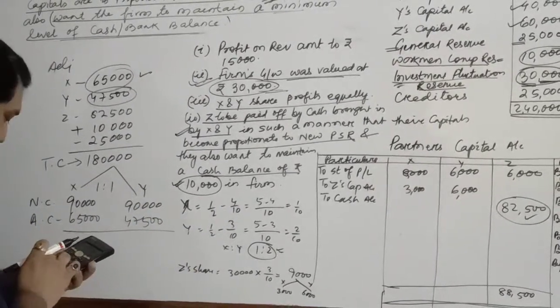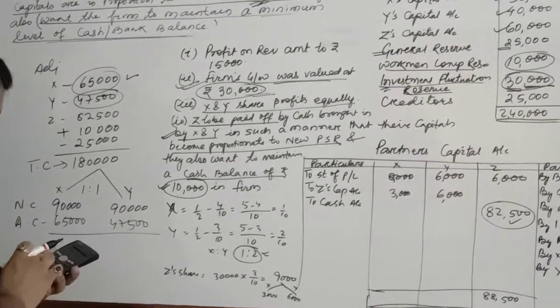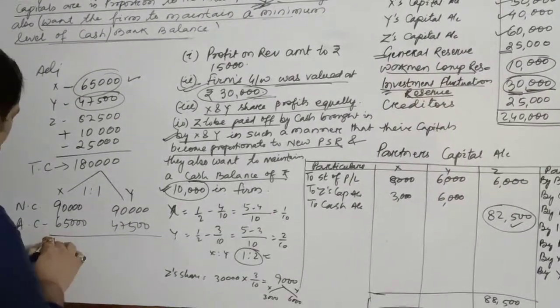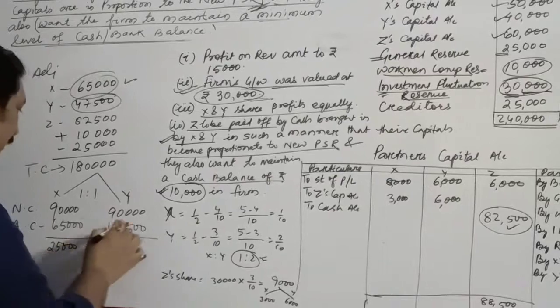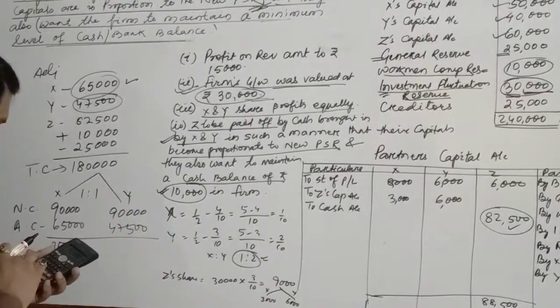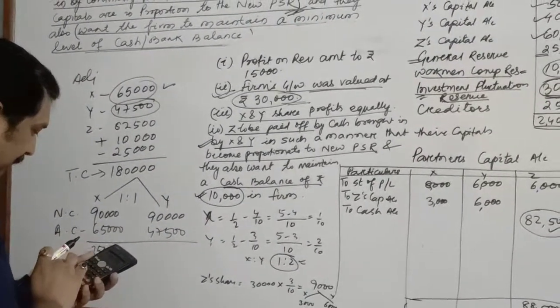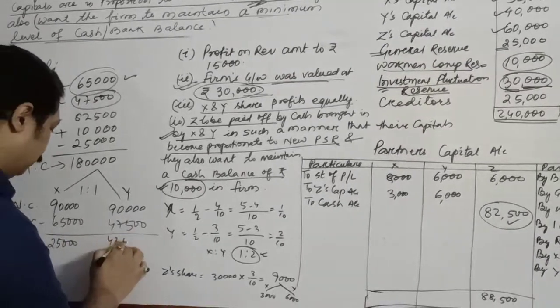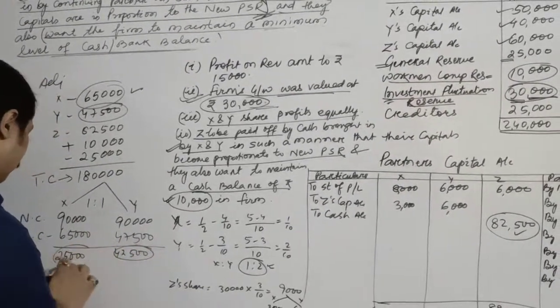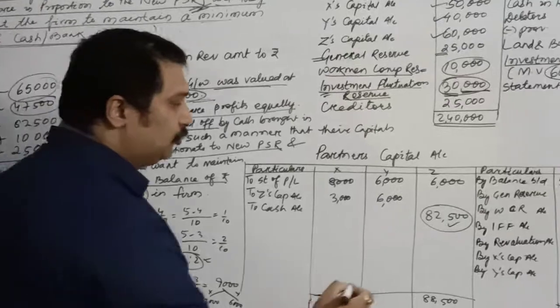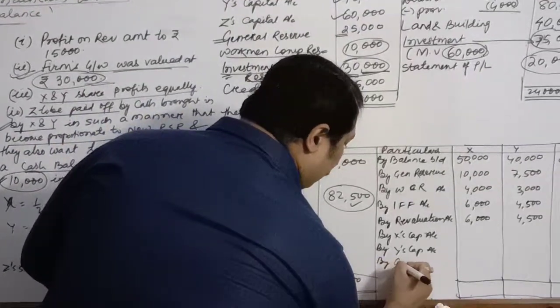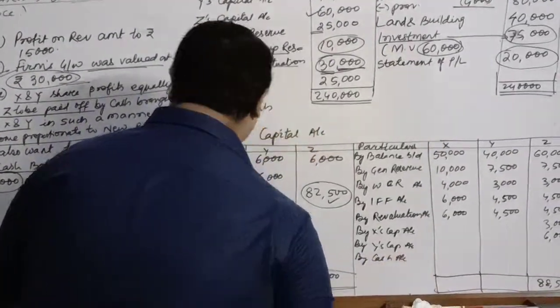That means X will have to bring more capital. How much more? 25,000. And Y will have to bring 90,000 minus 47,500. It is 42,500. So they will be bringing this much. So we will write over here by cash account. How much is X bringing?